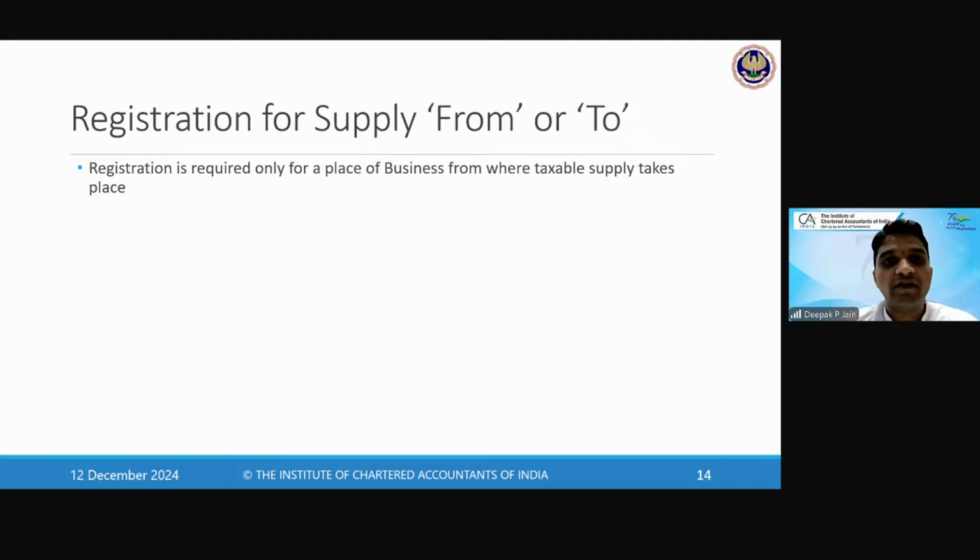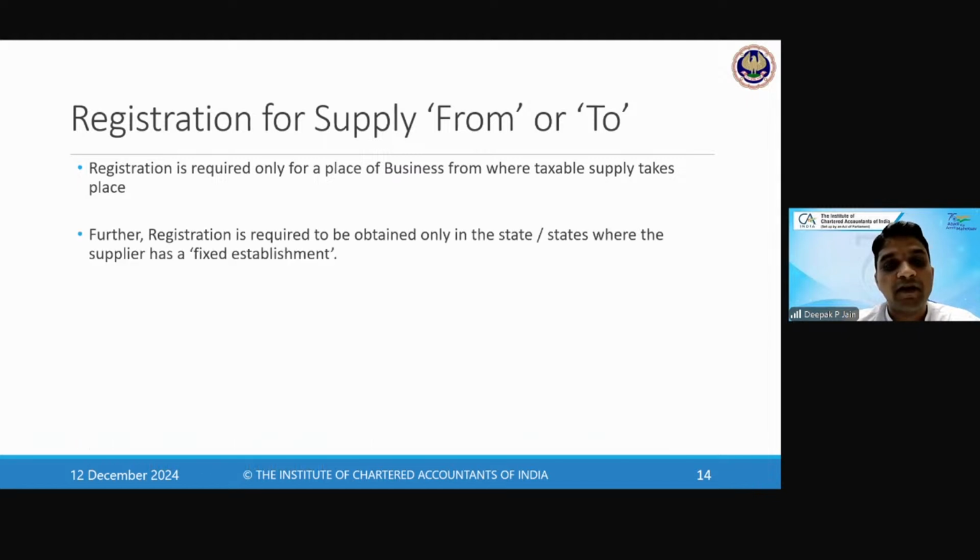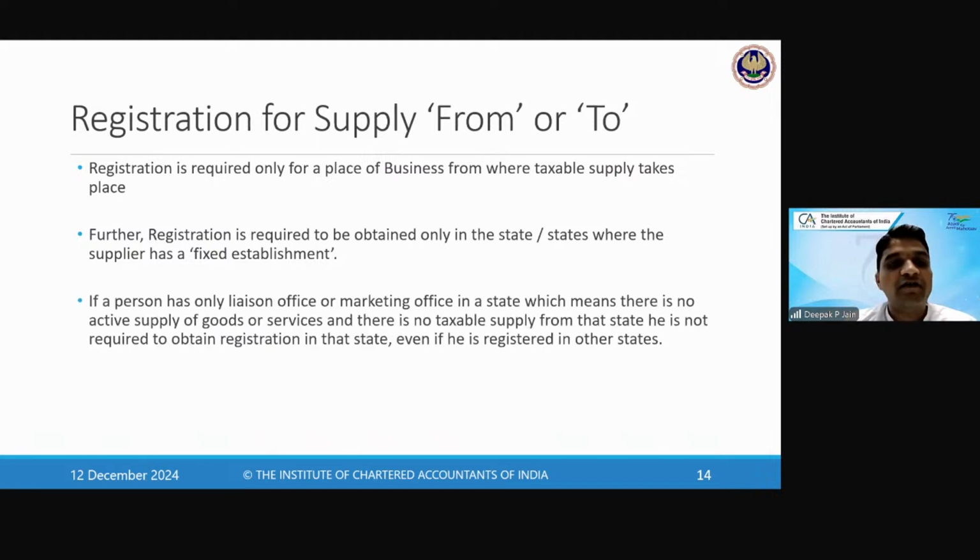Further, registration is required only in a state or states where the supplier has a fixed establishment. And if a person has only a license office or marketing office in a state, which means there is no active supply of goods or services and no taxable supply, then he is not required to obtain registration in that state.